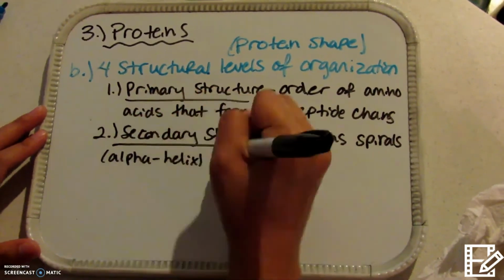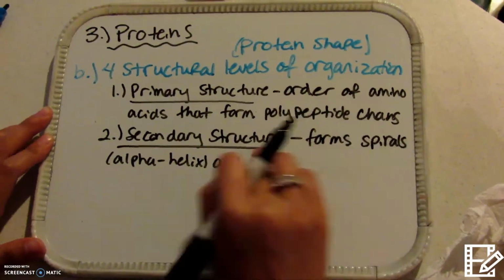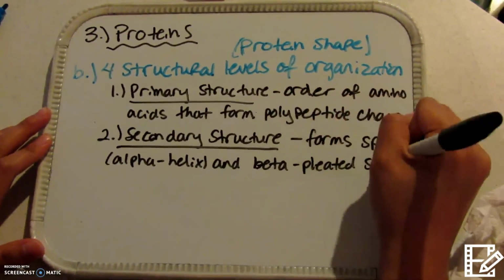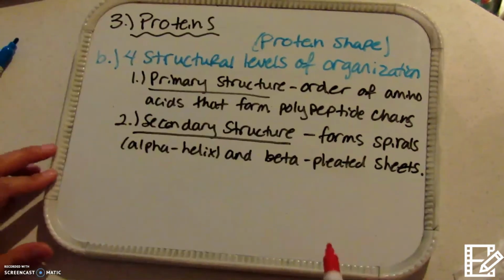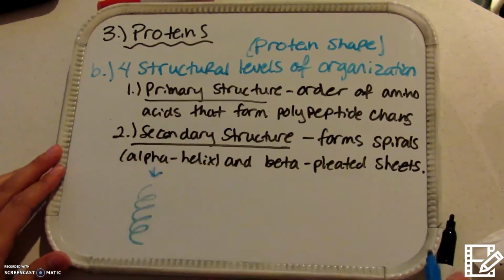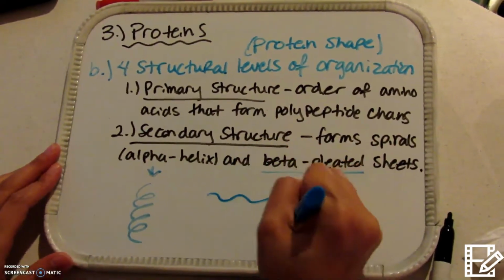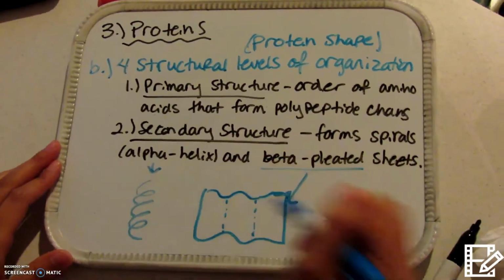The primary structure is the order of amino acids that form polypeptide chains. The secondary structure forms spirals. Those are the alpha helix and the beta pleated sheets.